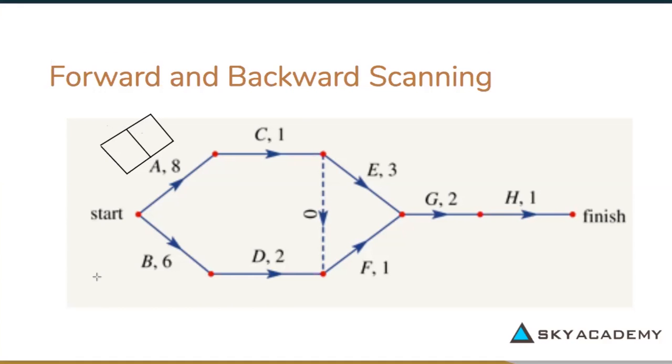You have to do this across the whole of the network graph. You want a box for each edge, essentially. Wherever there is an activity, you need to put in a box.